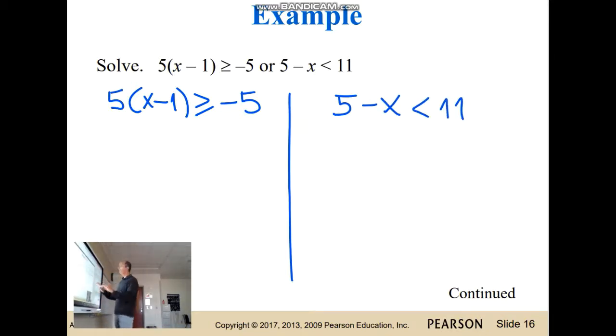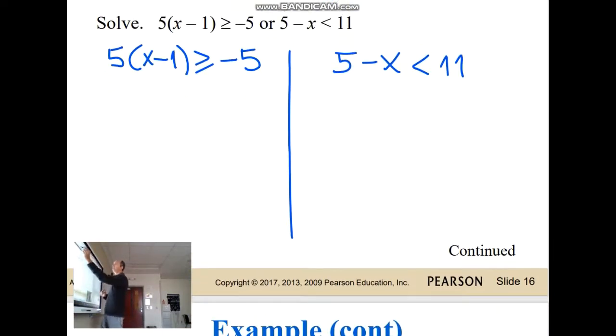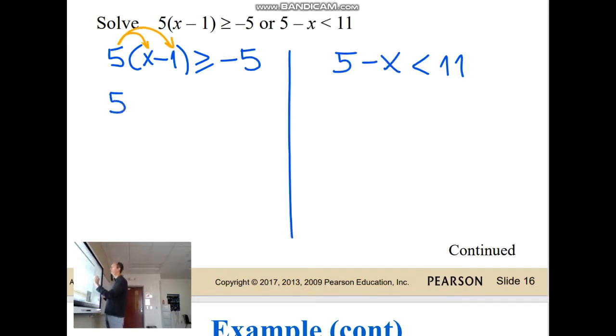And we will simplify each inequality. Here we have to apply distributive property, and this will be 5x minus 5 greater or equal to negative 5, right?